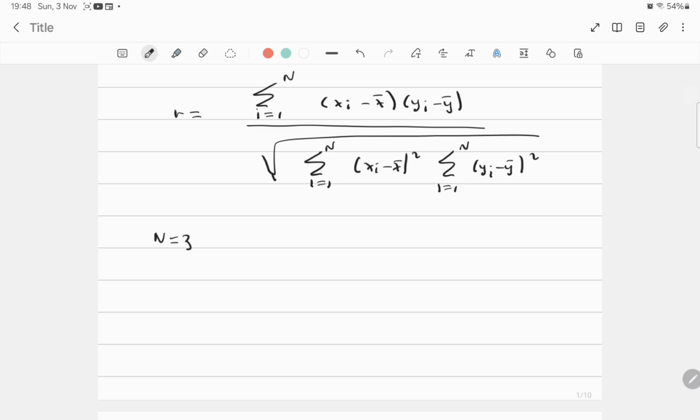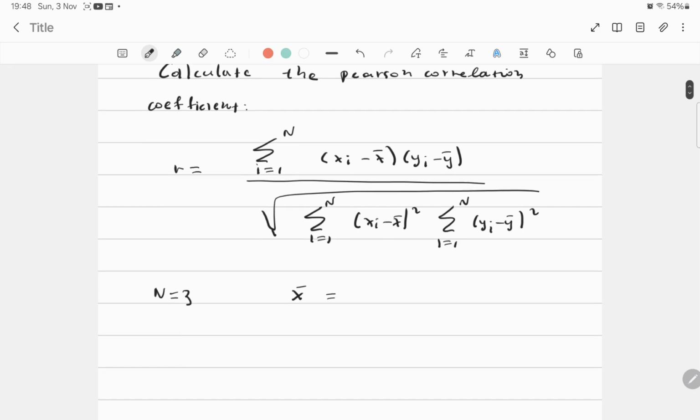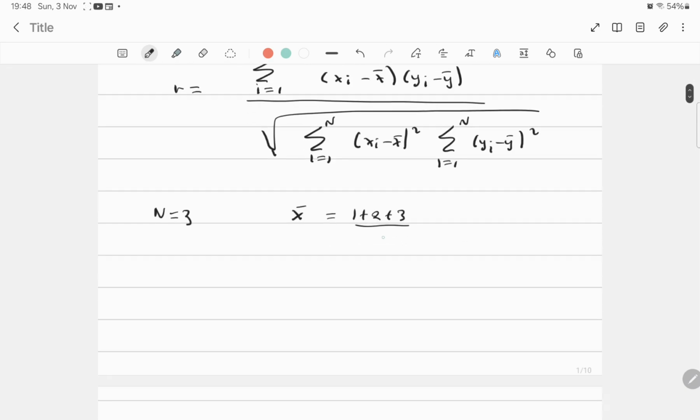So what we are supposed to do, first find the mean value of x. So it's 1 plus 2 plus 3 divided by 3. So the mean value is 2 in this case.